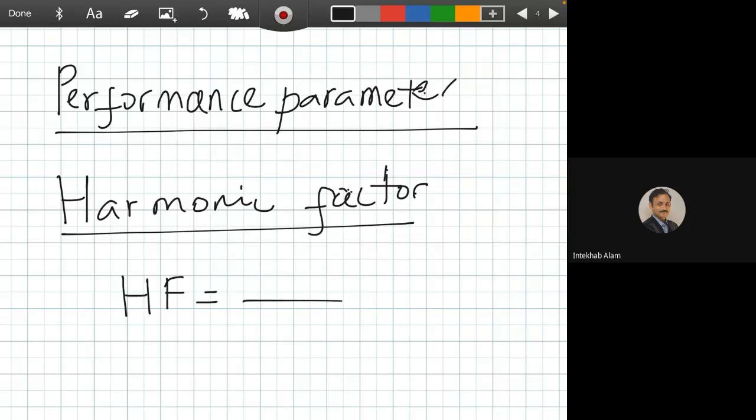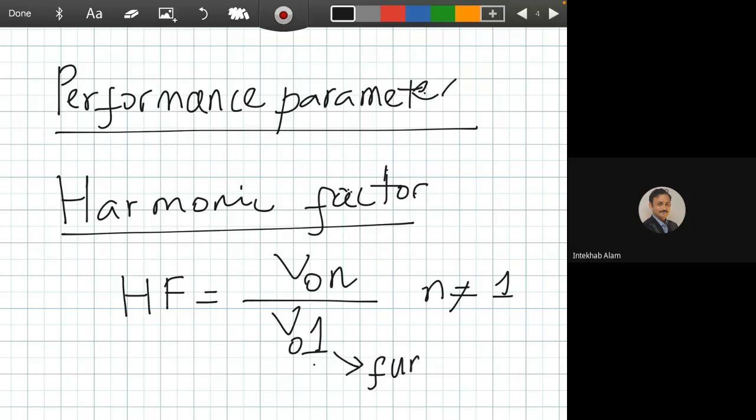It means VON divided by VO1, where n is not equal to 1; n is other than 1. 1 means the fundamental output. So this is the definition of harmonic factor.